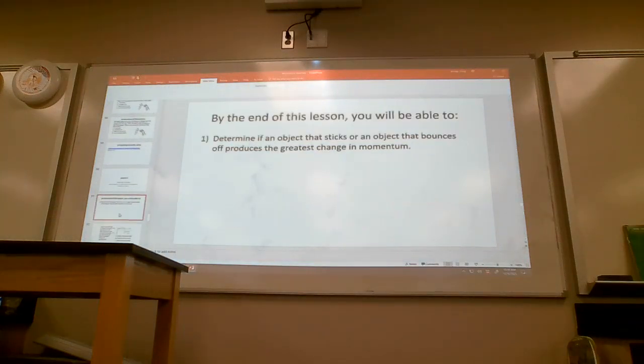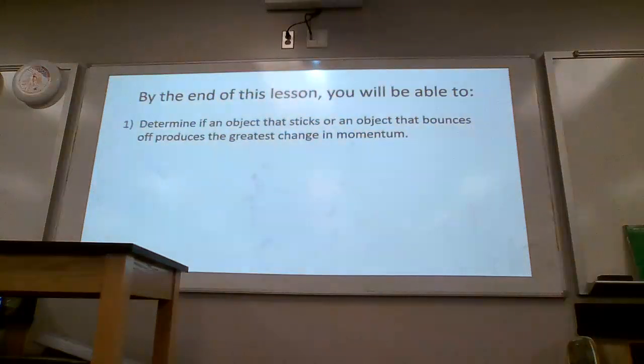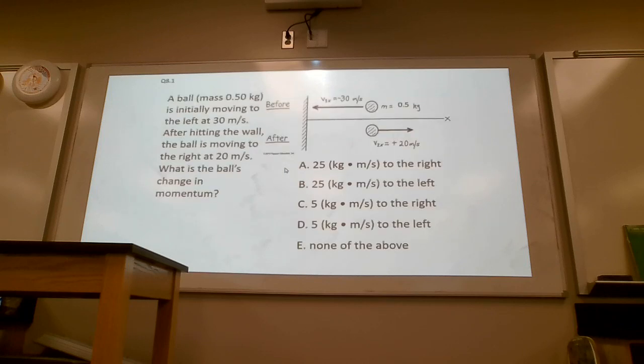Take a shot at this. We'll be able to determine if something that sticks or something that bounces produces the greatest change in momentum. All right.